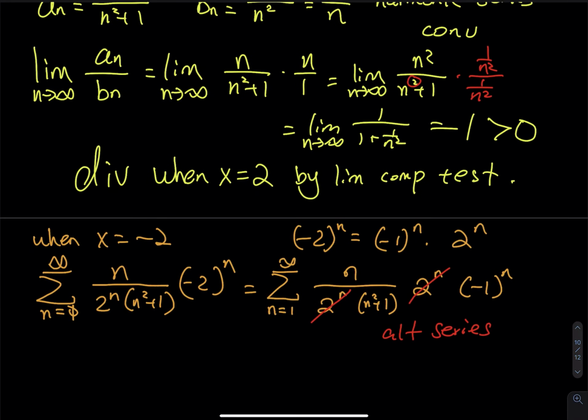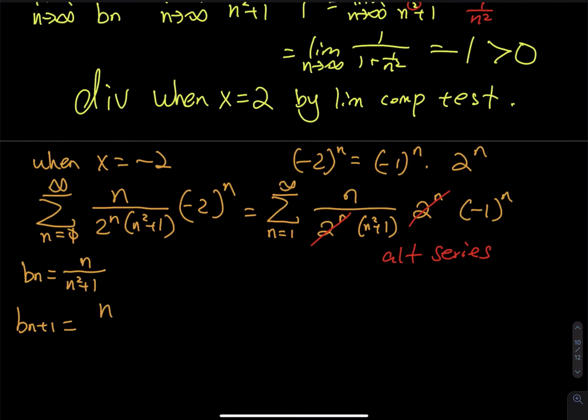And then what is my bn? My bn is everything else without the alternating term, and bn plus 1 is n plus 1 divided by the square of that. Actually, we don't need to expand this. Number 1, you have to prove that bn plus 1 is less than or equal to bn.